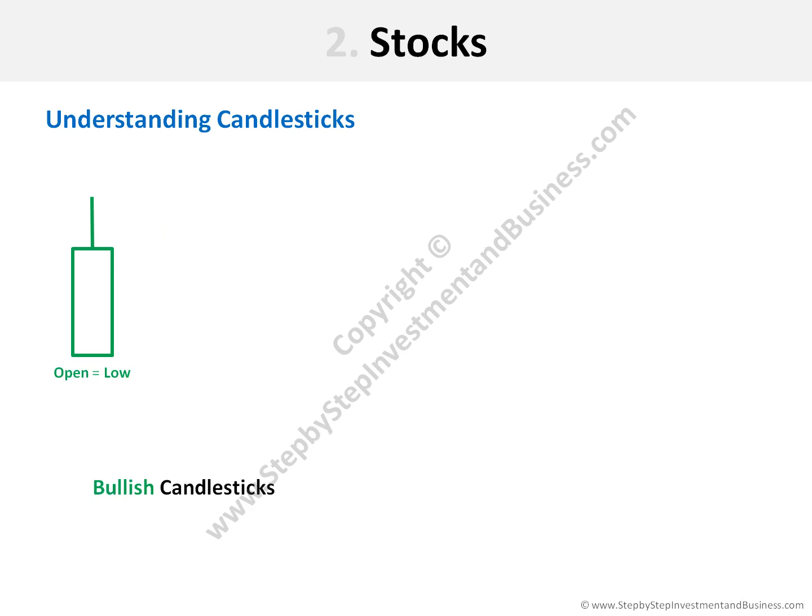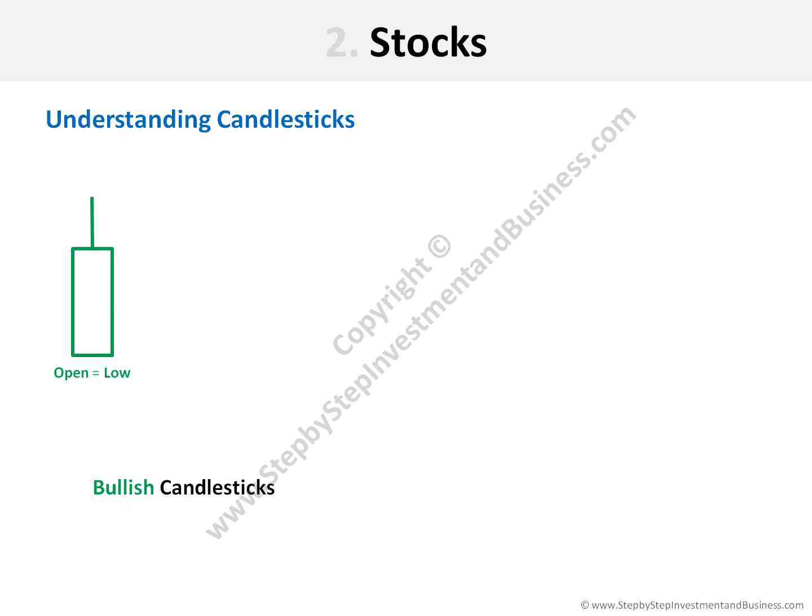Now, let's analyze some particular cases. We start with bullish candlesticks. Each candlestick represents the prices of a trading day. Look at this. If the open, that is, the price of the first transaction of the day, was the lowest price that the stock was traded at, the candlestick has the shape that we see in the image.